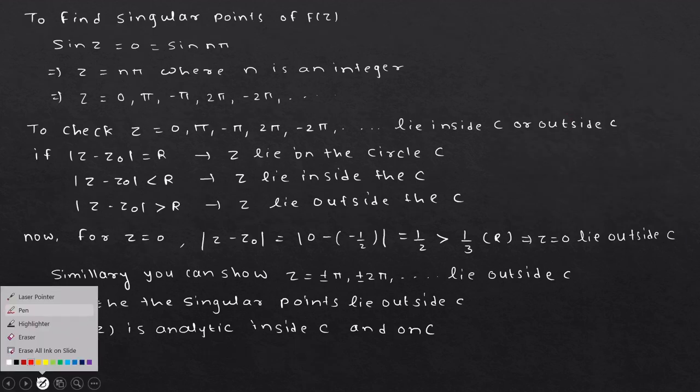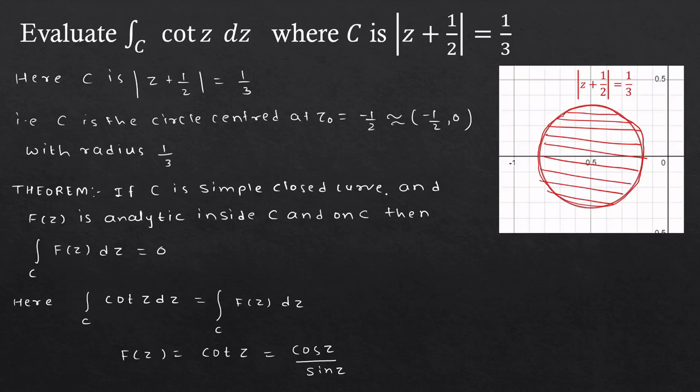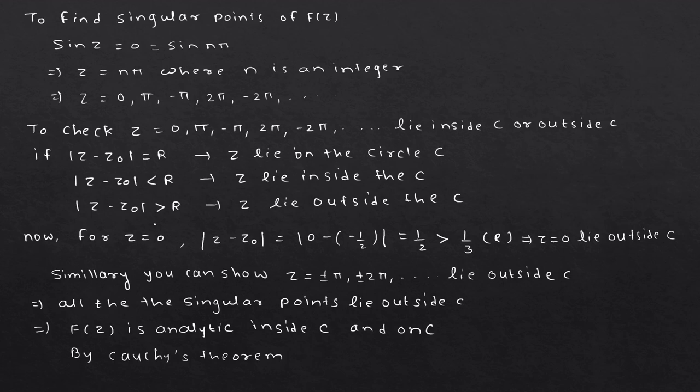So by Cauchy's theorem, which says that if C is a simple closed curve and f of z is analytic inside C and on C, then the integration of f of z dz over C equals 0, we get that the integration over C of cot z dz is equal to 0.